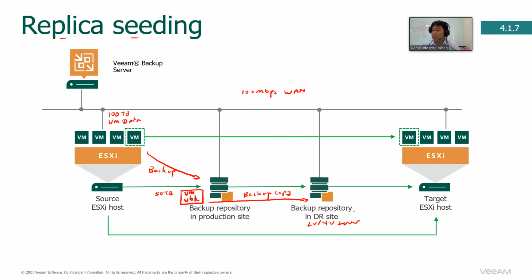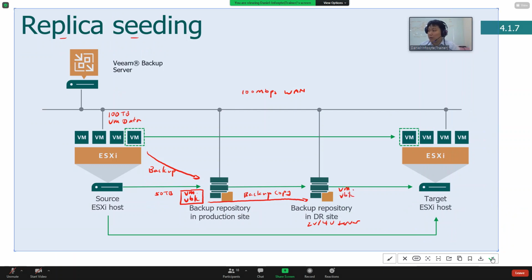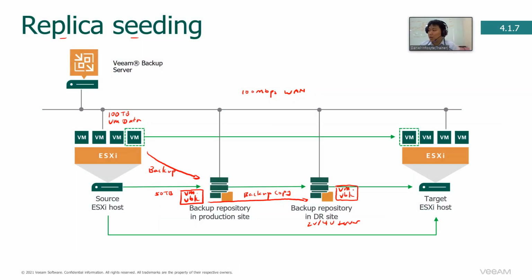Then after we settle on the backup copy, I have this data sitting in the repository now. And I can continue to keep additional backup copies using the same data set and the same job. So from here, I am able to utilize this backup data to seed the full size VM data. So this is the first step.